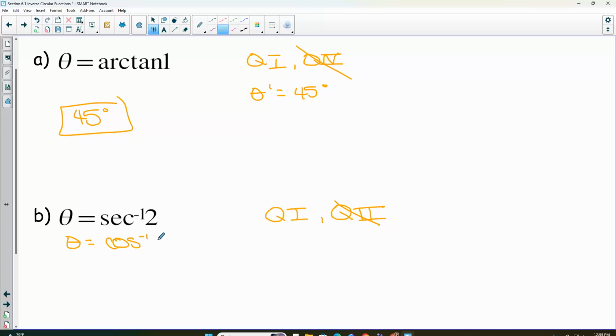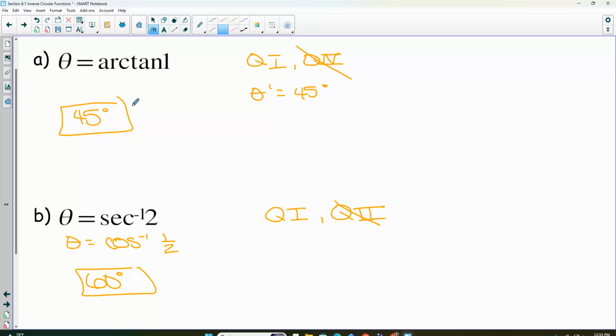So this is looking for when cosine is 1/2. An inverse is giving me the angle. I'm saying tell me the angle on the circle when cosine is 1/2. Think about that. That would be at 60 degrees. So the inverse is giving me the angle here. Does everybody understand what we're finding?